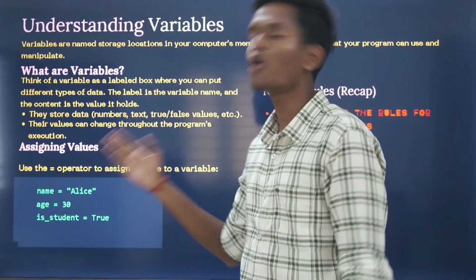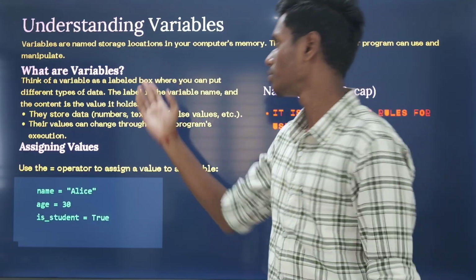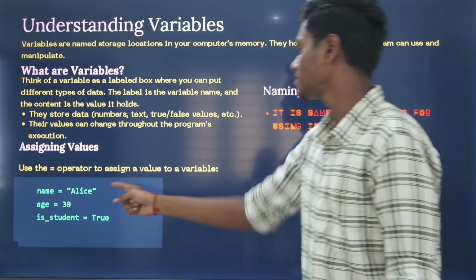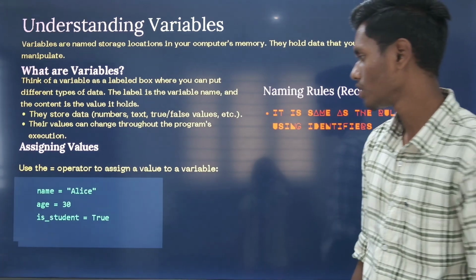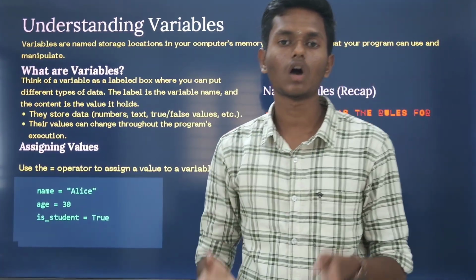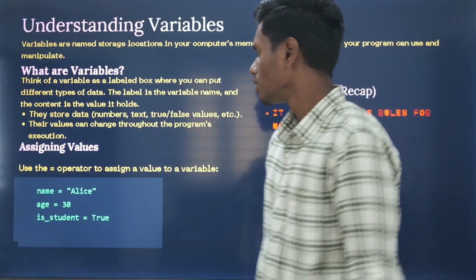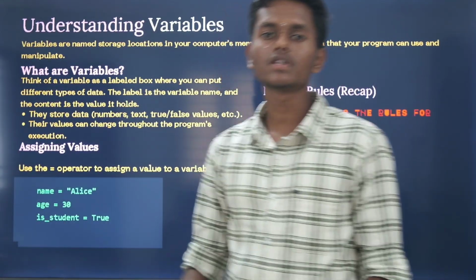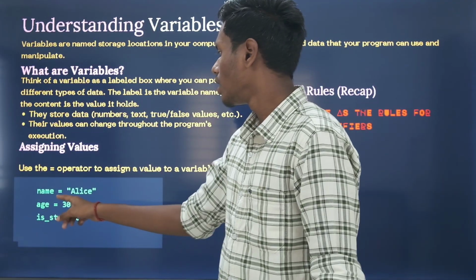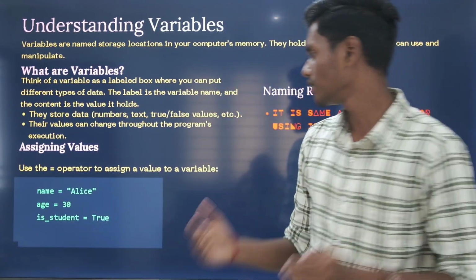Next we will see how to assign values to variables. Use the equal to operator to assign a value to a variable. We will see a sample program showing how to assign data to a variable. Name is a labeled box which contains a name, and equal to assigns the value.